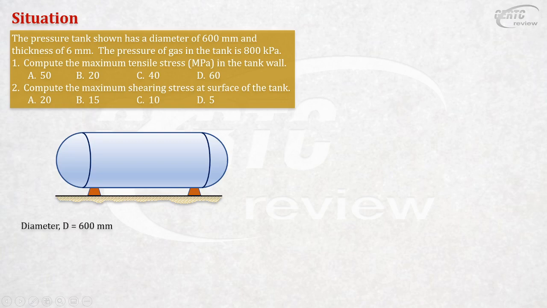So the diameter is 600 mm. So let's use that one. And then the thickness is 6 mm. All right. Then the internal pressure is 800 kilopascals. Okay, let's do first part 1. This is very easy. That's PD over 2T. By the way, in the board exam, pag sinabi mong PD over 2T, ginamit mo yung outer diameter and then walang lumabas doon sa choice, then try to use the inner diameter.